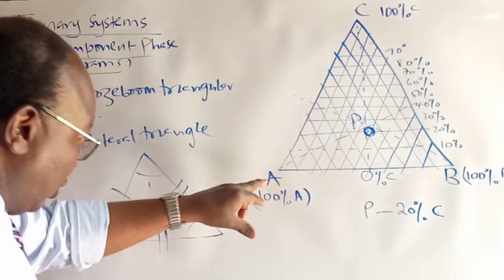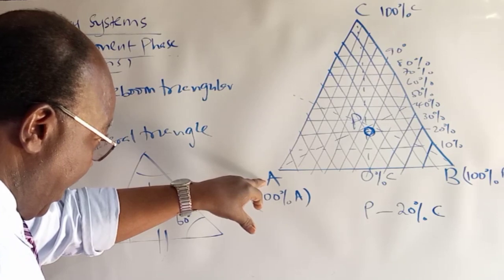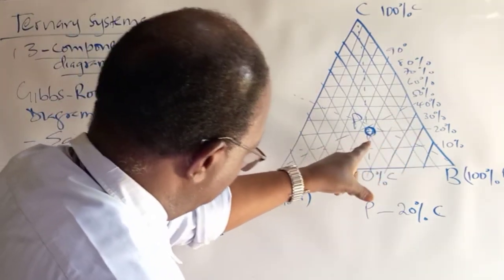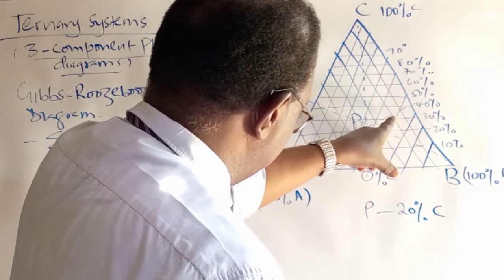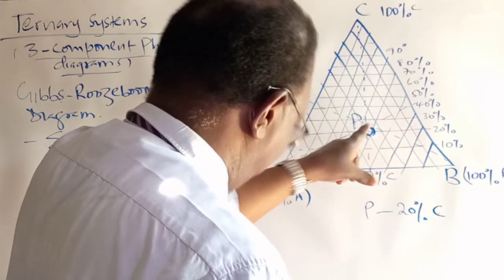And going to the apex here, A, let's say it's about, what did we get it? That's about 10, 20, 30, 40.